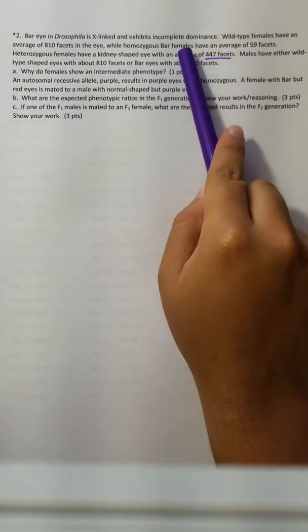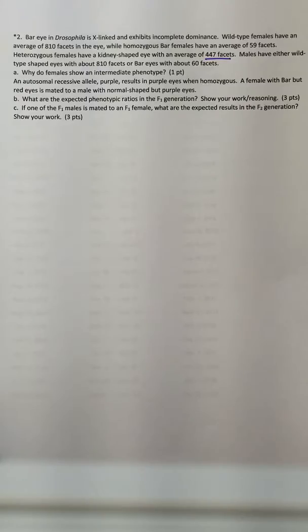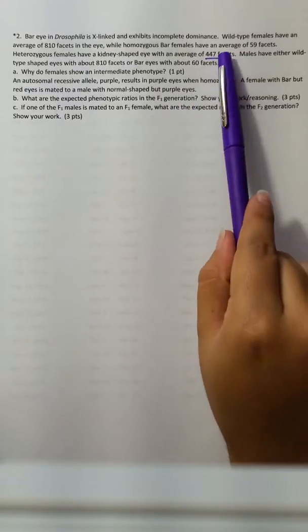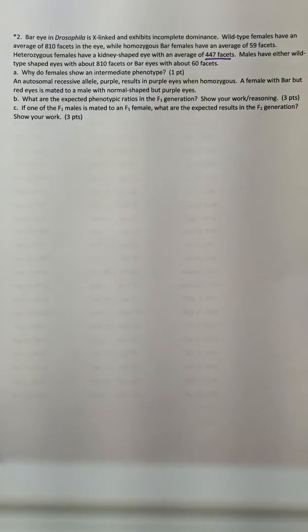But when you have a heterozygote and it is incomplete dominance, both are going to contribute to the phenotype of the female, and so she will have an intermediate of 447.